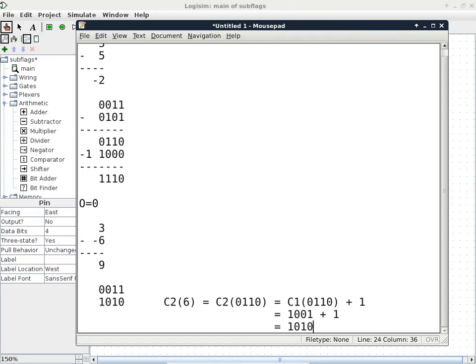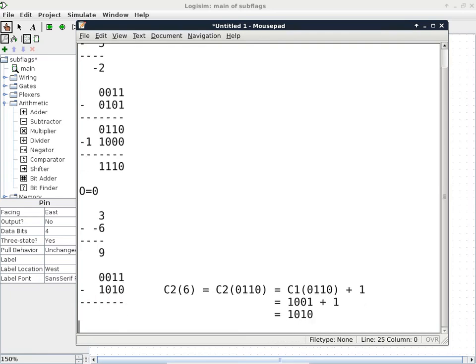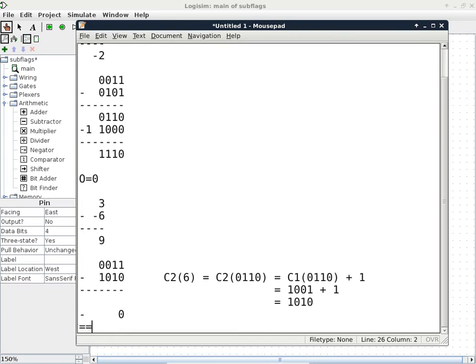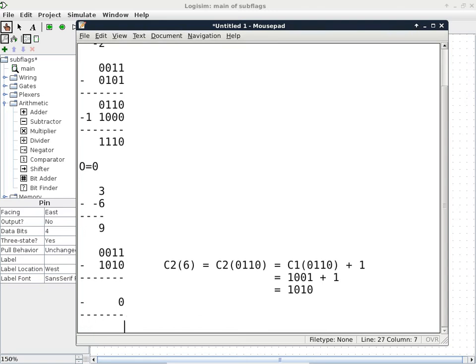Okay, so now we are ready to actually carry out the subtraction. So let's go ahead and do that part here. This row specifies all the borrows from the previous digit. So now we are ready to go through the computation. 1 minus 0 is a 1. 1 minus 0 is a 1.